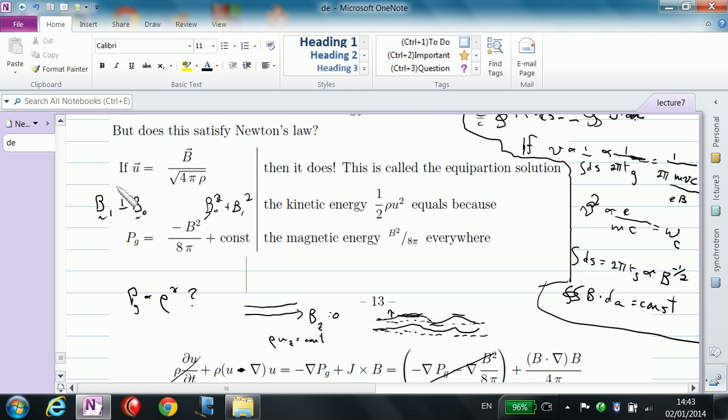And for a magnetosonic wave, that's when B1 is parallel to B0. Then the change in gas pressure is first order in B, and that's why it's called a magnetosonic wave, because it combines the magnetic pressure change and gas pressure change.